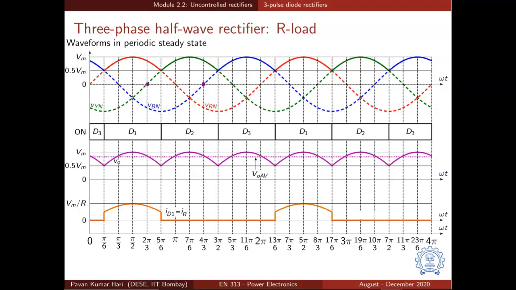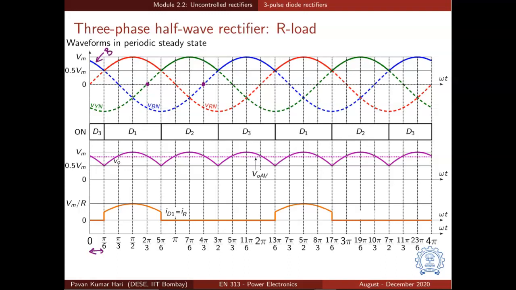degrees from VYN. Now we know that a diode which is connected to the maximum of the three phase voltages will conduct. So which is the maximum of three phase voltages? It keeps varying. For example, from 0 to 30 degrees, in this interval, B phase is the maximum.